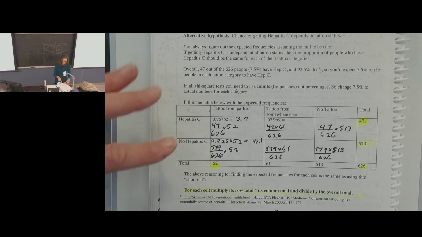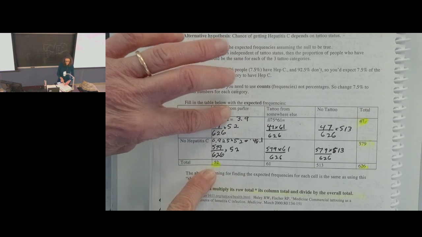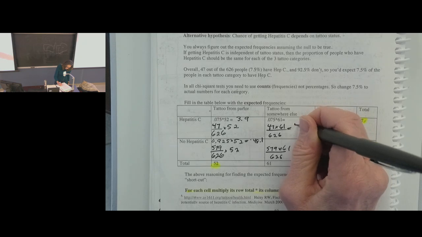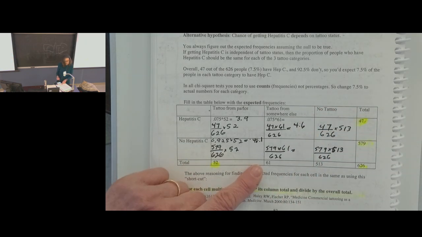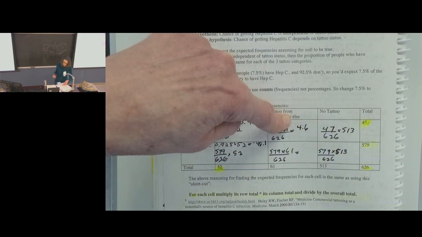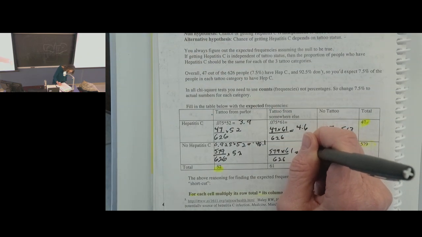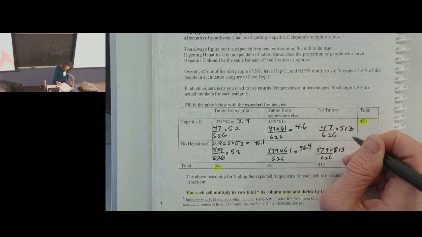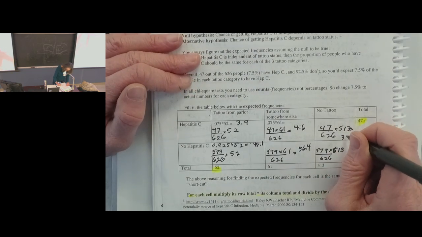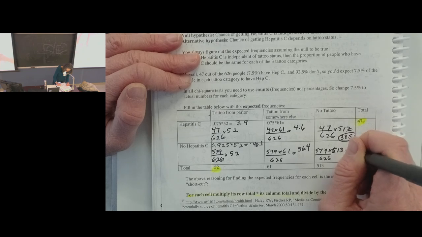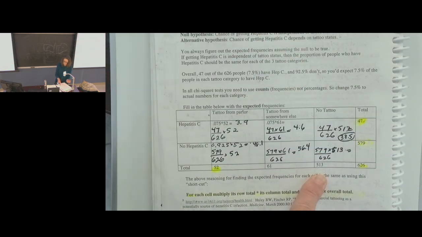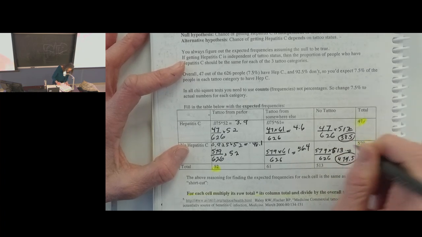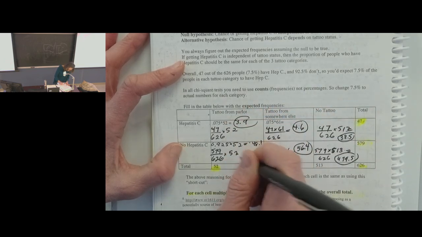Now, obviously, once you get one, they have to sum to 52, so the next one's determined, etc. So after you get 4.6, this one has to be 61 minus 4.6, etc. So this one would have to be 513 minus that. Very tedious calculations.